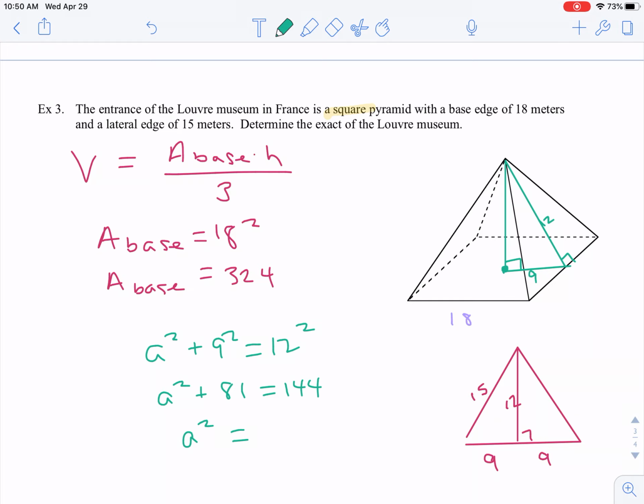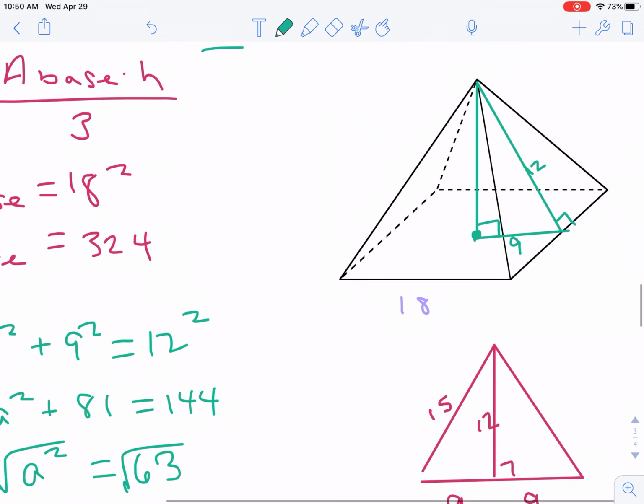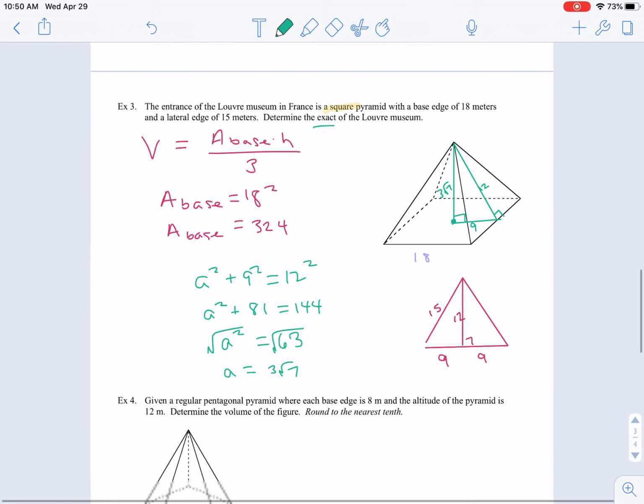So now I get that a squared is 63. And if I square root both sides, I am going to get a to be 3 root 7. Because this asks me for exact, I want to make sure I'm keeping it in reduced radical form, not as a decimal. So now I know that this height is 3 root 7.